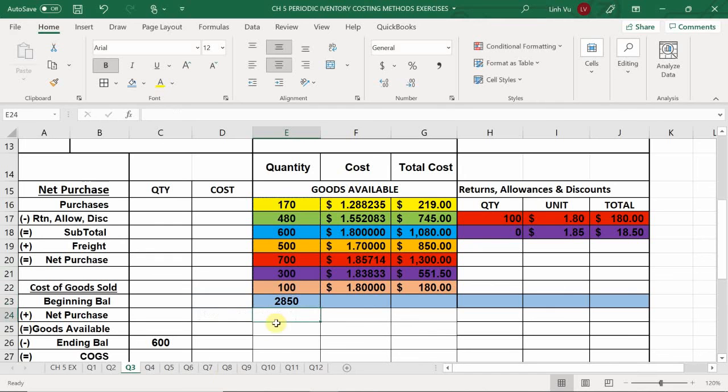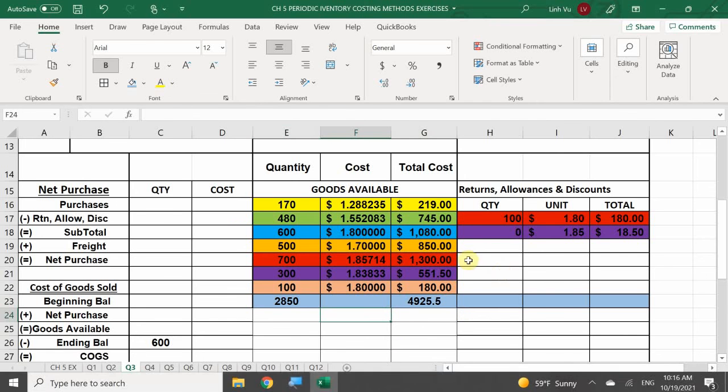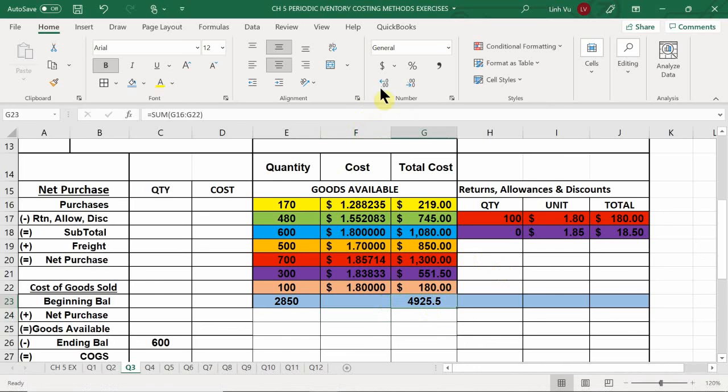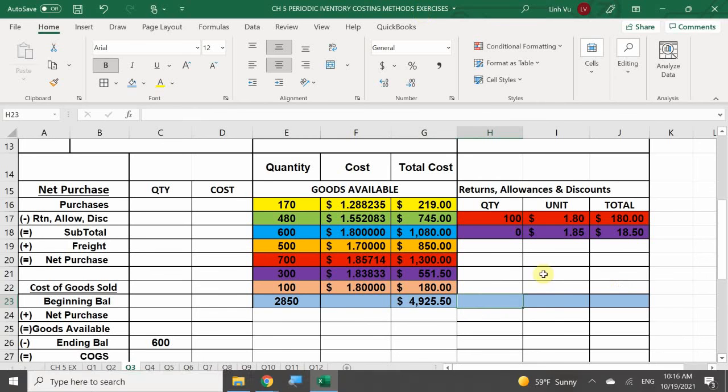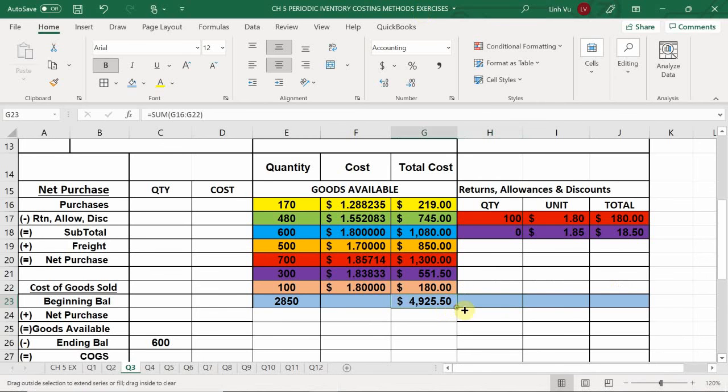$2,850 at a total cost of $4,925.50, right? What was my total returns? How many items did I return? 100, okay?